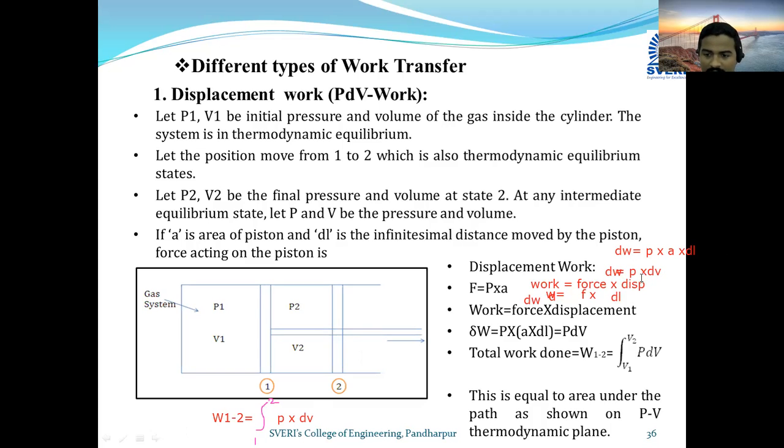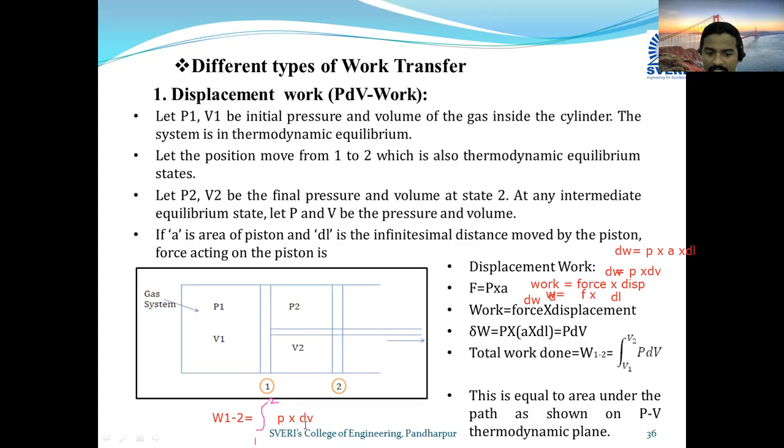That is the equation. Now we want to calculate the total work done of the system. When system is changing the state from 1 to 2, त्यावेळेस आपण कसं लिहिणार इक्वेशन? Capital W suffix 1 to 2 is equal to integration 1 to 2 P into dV. So take P constant term outside the integration.